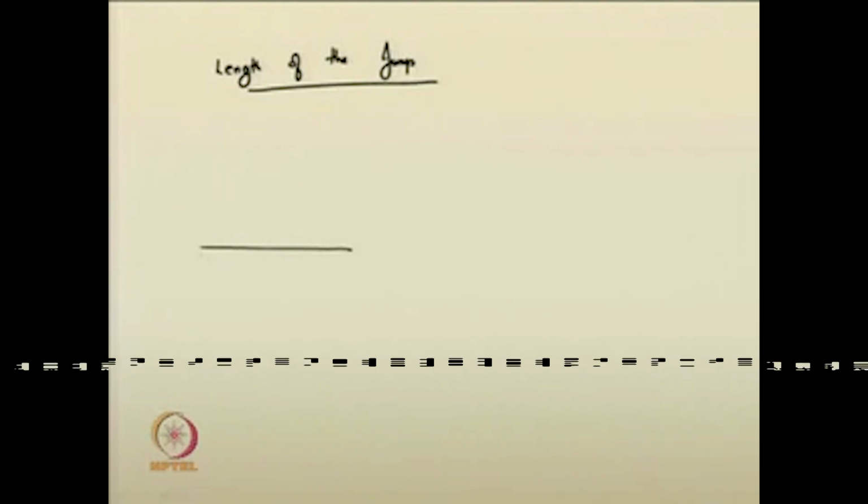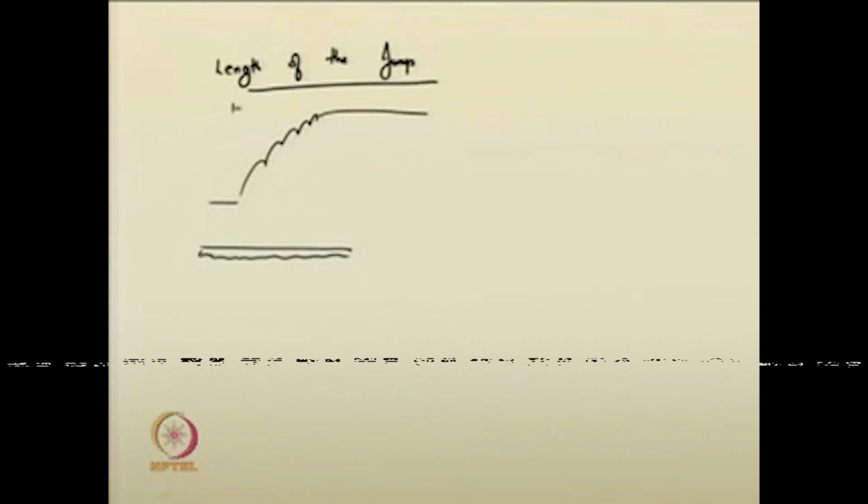Length of the jump: you can define it as the distance, as shown earlier, if you have the jump, from the beginning of the jump position, around this location, to the point in the downstream where the rollers almost stop.